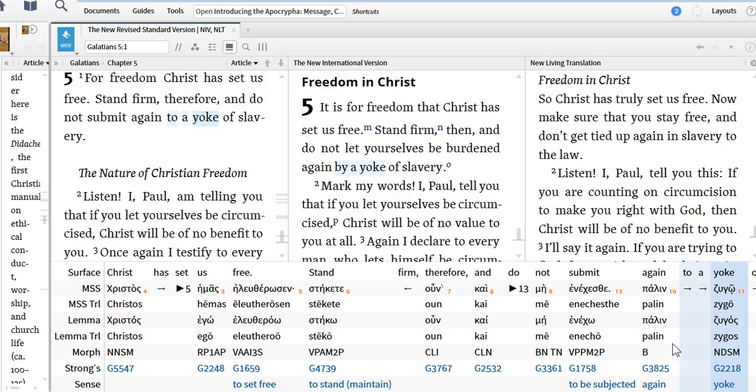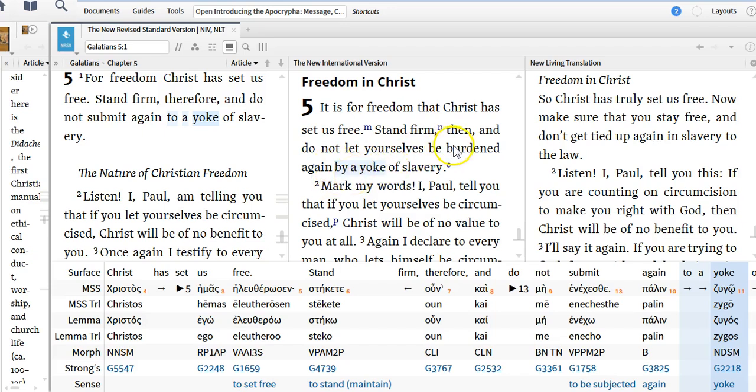And we see it represented in the NRSV as to a yoke, do not submit to a yoke, suggestive, I think, in English at least, of a dative of indirect object. In the NIV, do not let yourselves be burdened by a yoke, suggestive of a dative of instrument.